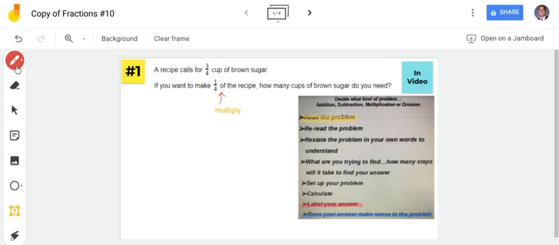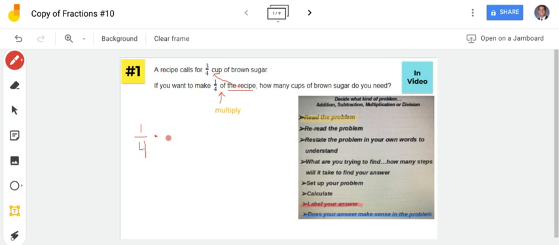Okay, now if I want 1/4 of, or times, all right, I'm going to put a dot for multiply. I want 1/4 of the recipe. How many cups are in the recipe? What did it say? It said there is 3/4 cup of brown sugar in the recipe.